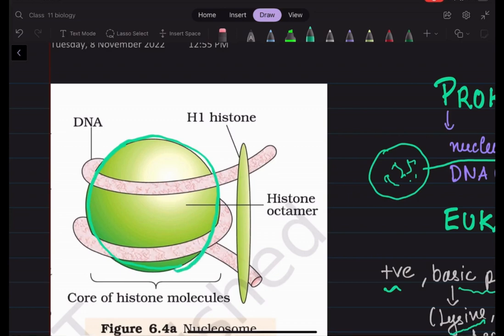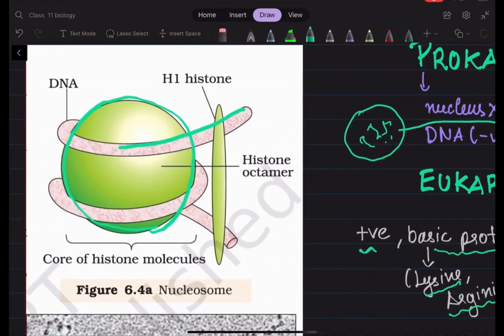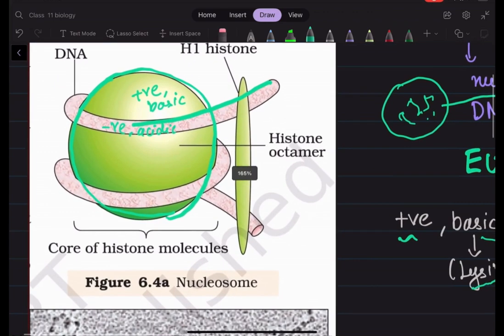Around this histone octamer, you can see there is a DNA coil. Negatively charged DNA coils around this positively charged histone octamer. So this is negatively charged and acidic in nature, whereas this is positively charged and basic in nature. So you see how it is complementary, right?